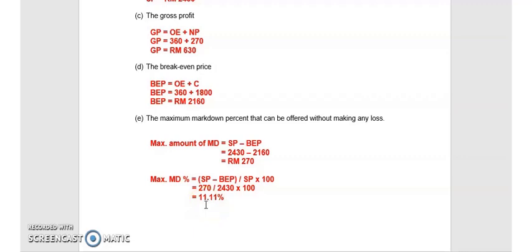But if your customer asks for a 15% markdown or 15% discount, can you give it to your customer? The answer is no, you cannot. Why? Because it already exceeds the maximum markdown percentage. If you still give 15%, then you will suffer a loss.